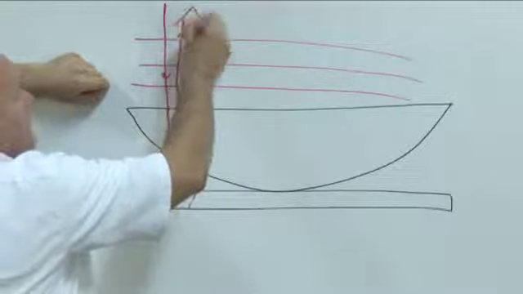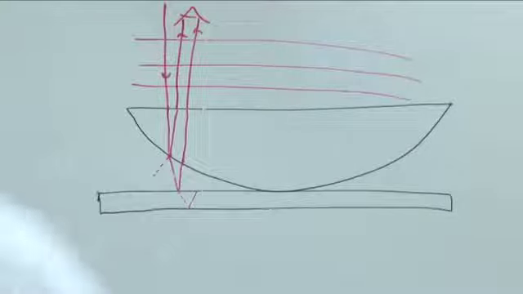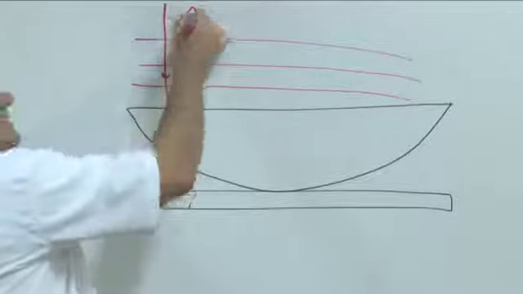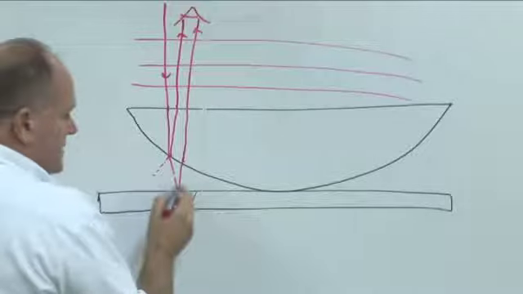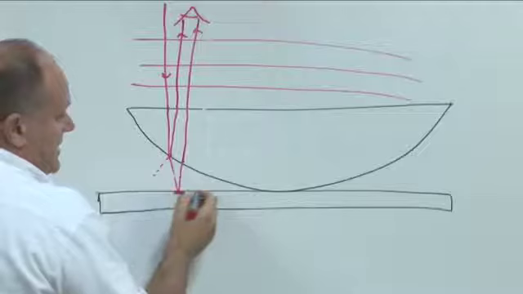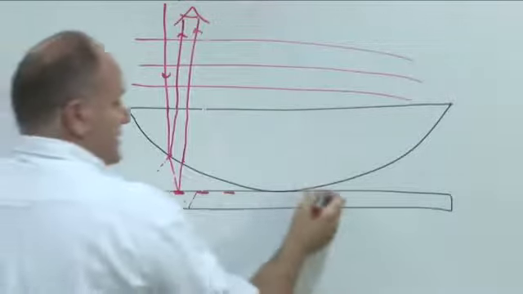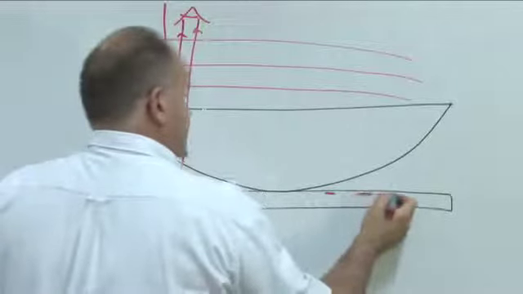And when your eye combines the two, the eye sees interference patterns. So it might see a dark ring there, a dark ring there, and so on.